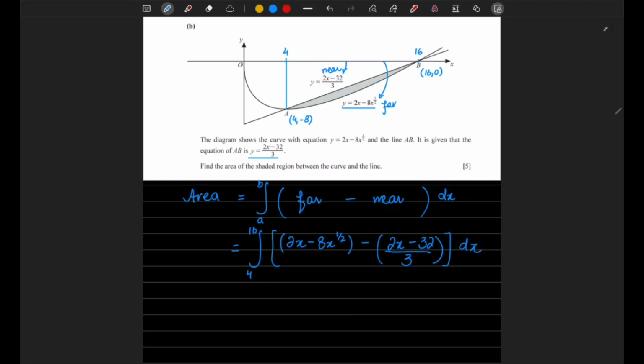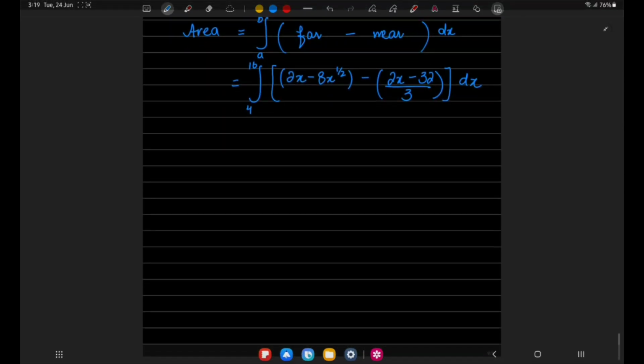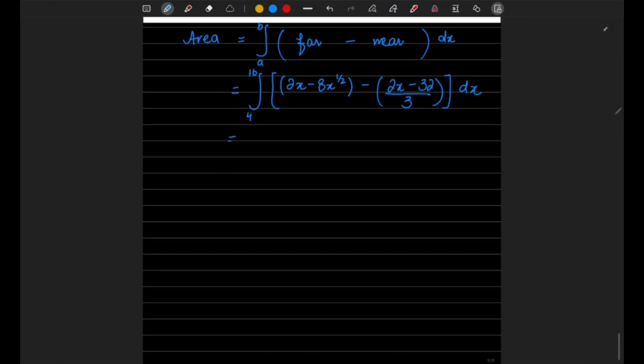Now just integrate it. I'm integrating each term individually. We can integrate the far curve separately and the near curve separately, applying the limits and then subtracting them, or you can do it directly.